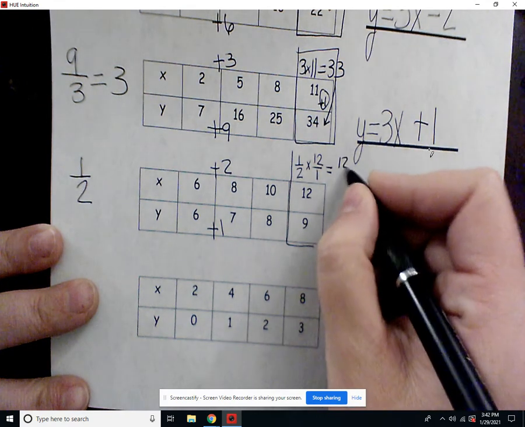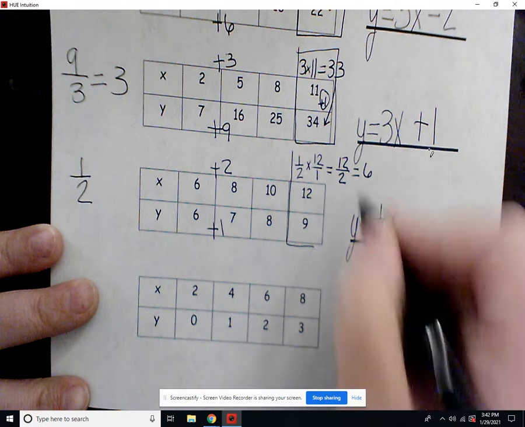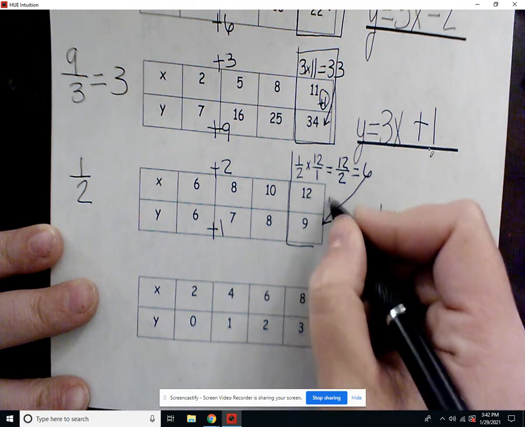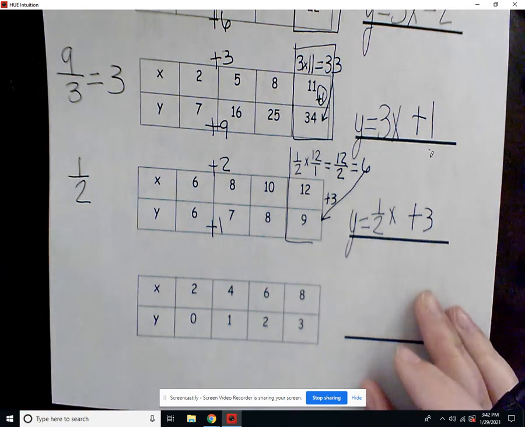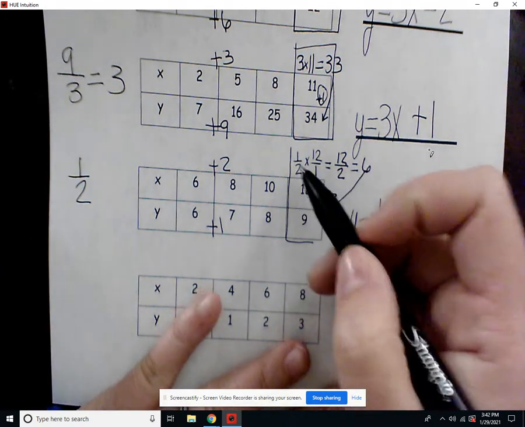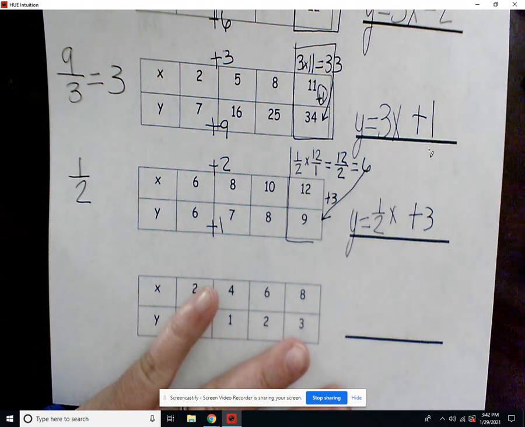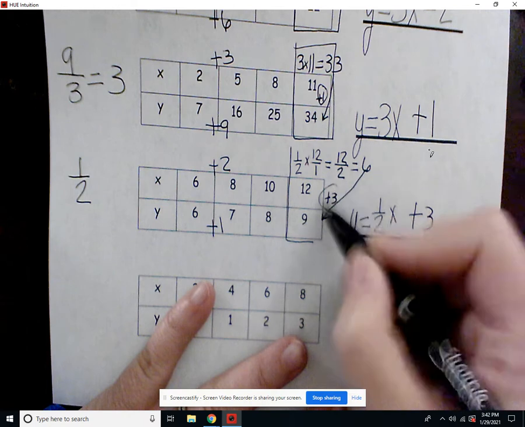So 12 times 1 is 12. 2 times 1 is 2. And then 12 over 2 is 6. And how do I get from 6 to 9? Plus 3. Okay, so fractions are a little bit more confusing. Since it's just an easy fraction, we could have said divide by 2, because halving is dividing by 2. Half of 12 is 6, and then 6 to 9 is plus 3.